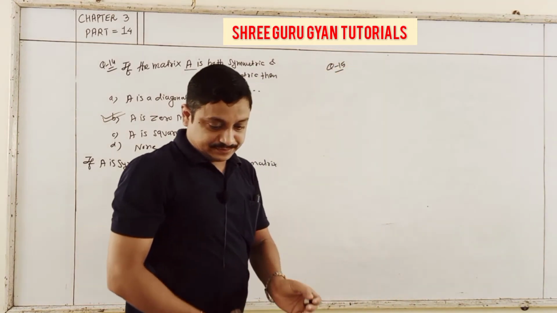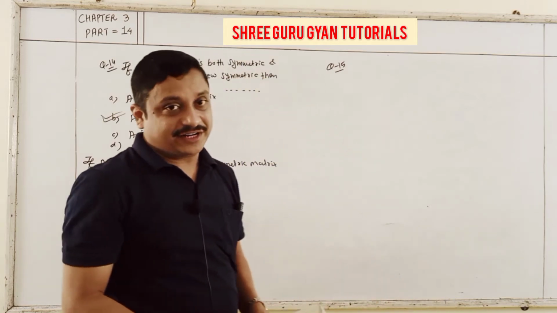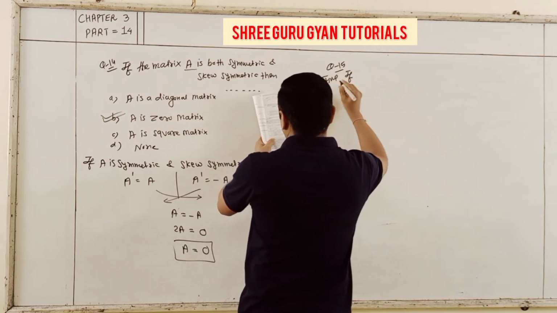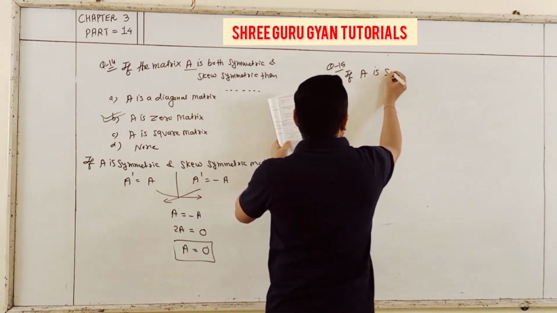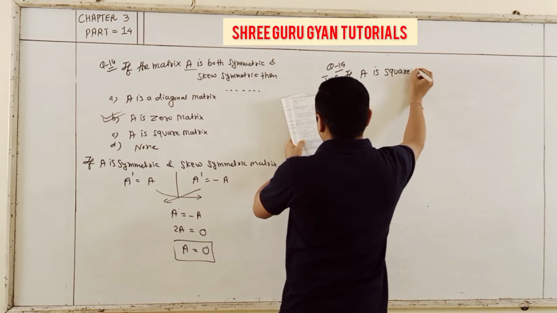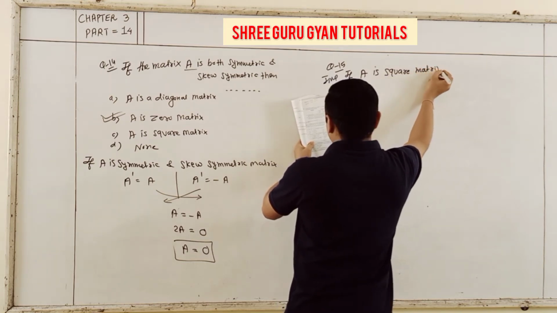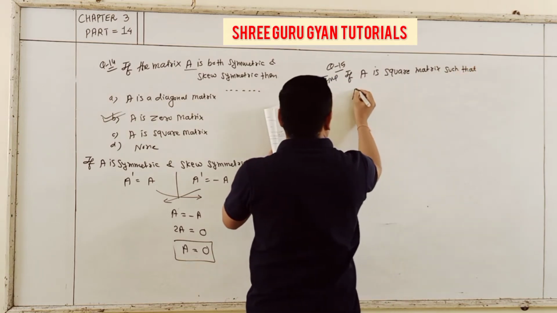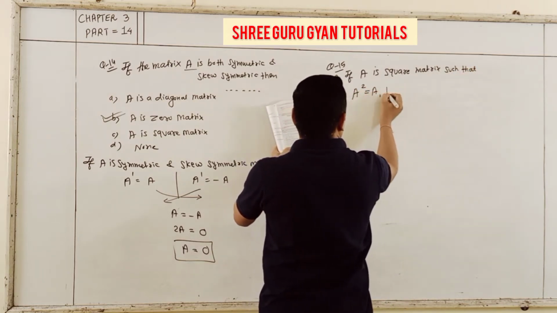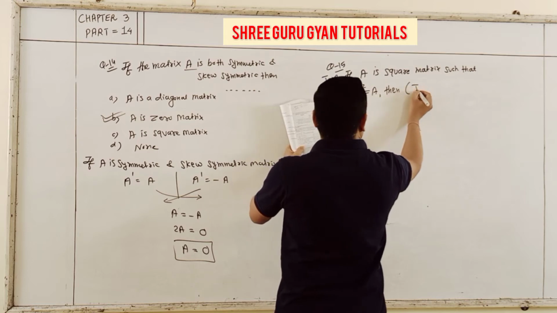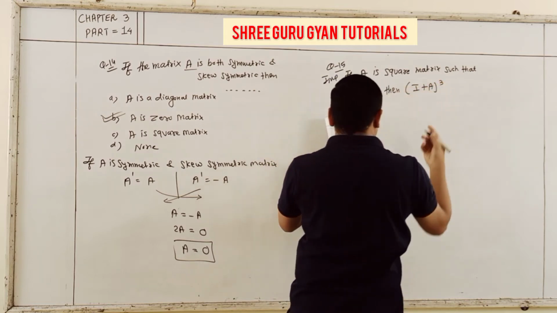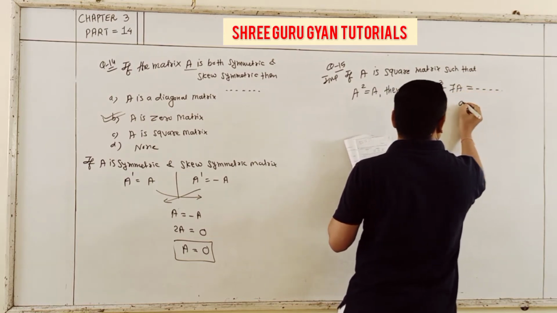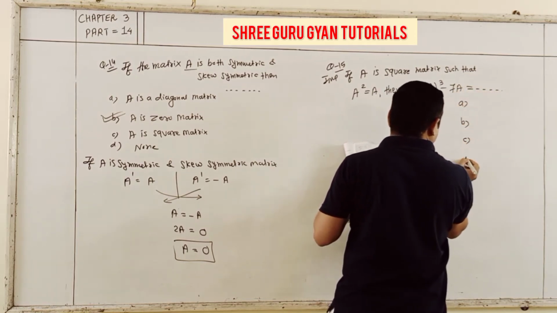Now in 15, A is a square matrix. 15 is an important question, students. If A is a square matrix such that A square is equal to A, then (I plus A) cube minus 7A is equal to dash dash dash dash.